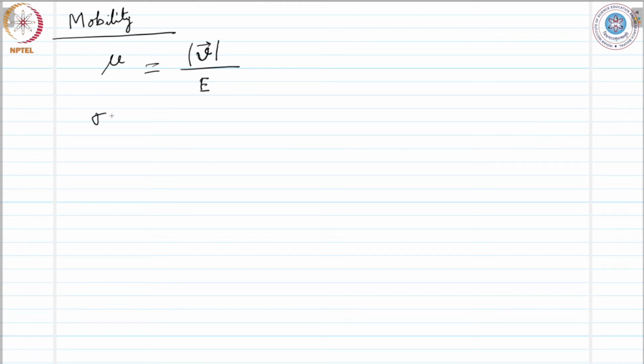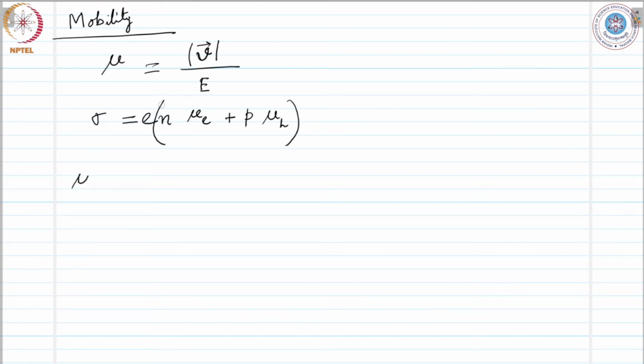So, the conductivity sigma is given as the number density of electrons times the mobility of electrons plus the number density of holes times the mobility of holes, multiplied by the charge.